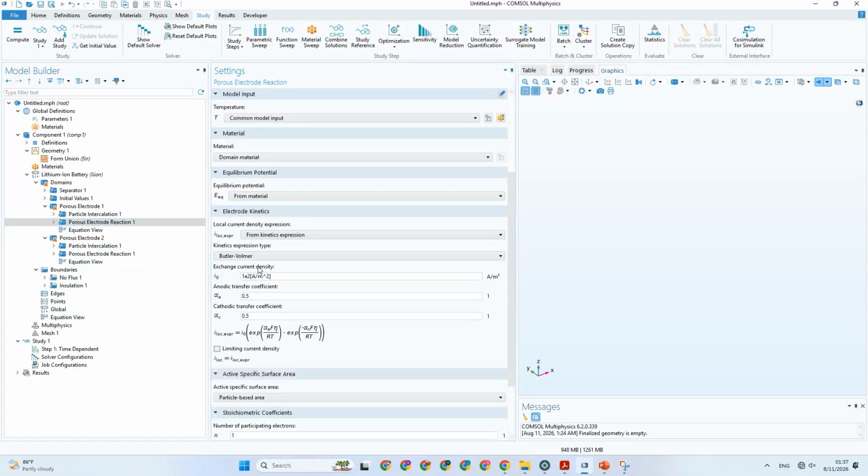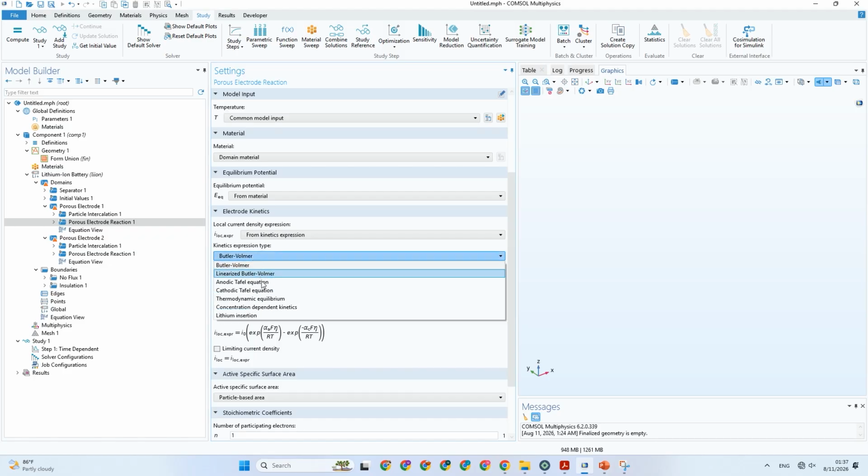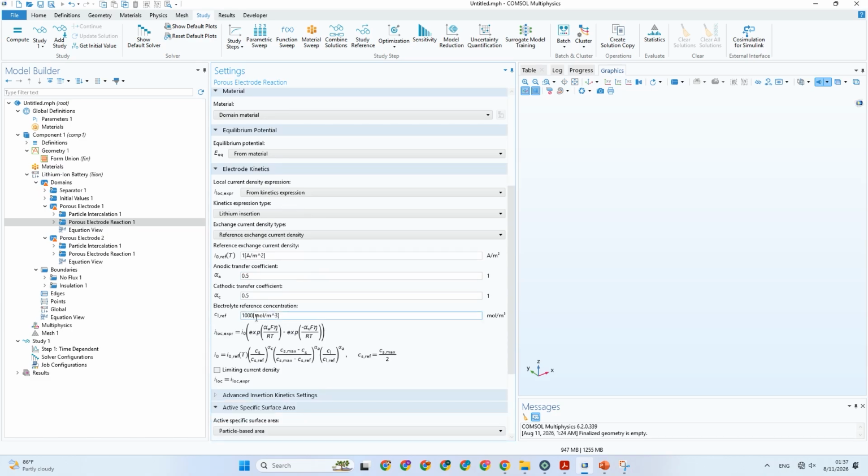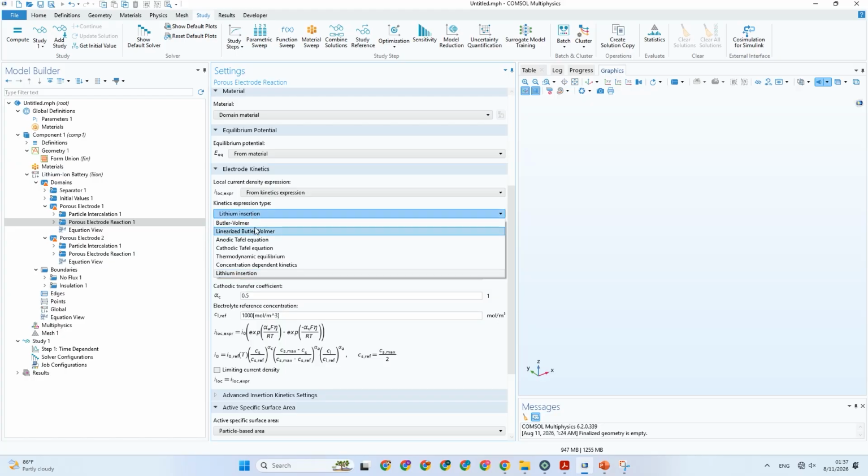Here we have Butler-Volmer that asks us for exchange current density. The default was lithium insertion. When you use this lithium insertion, we need this parameter, but the paper talks about Butler-Volmer.